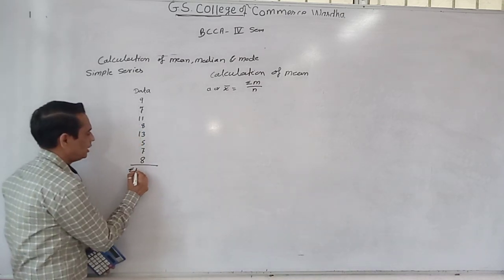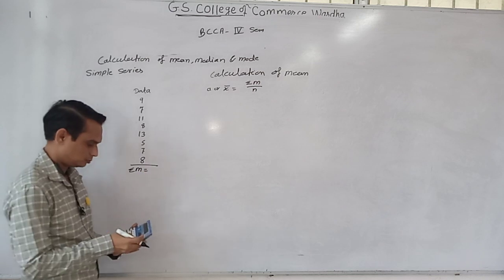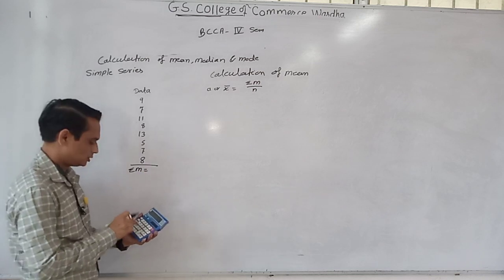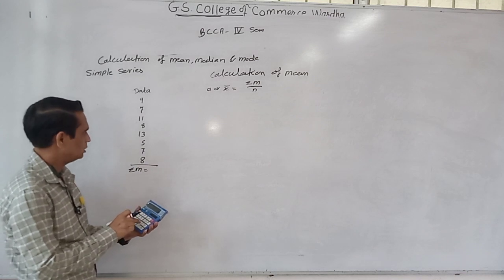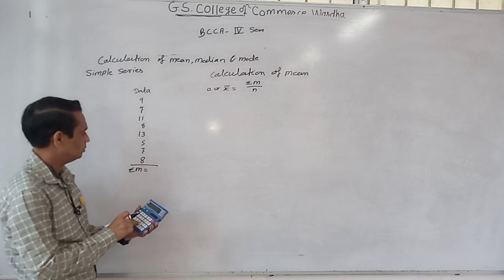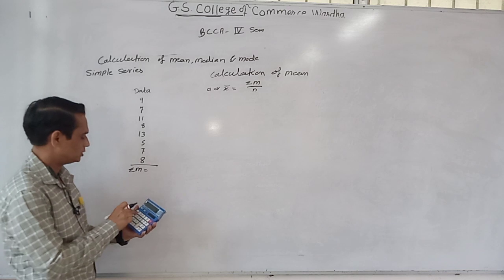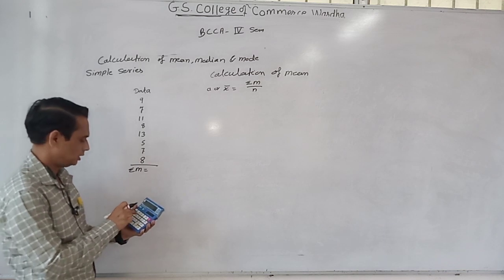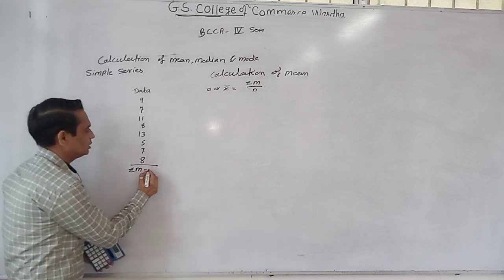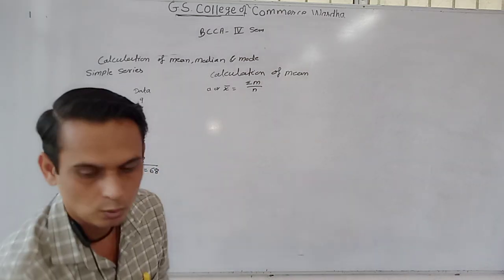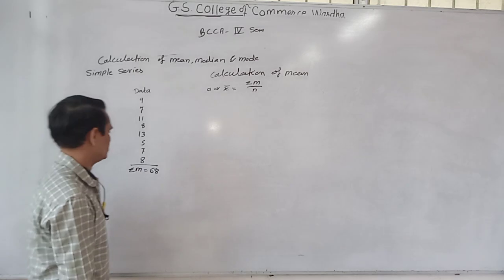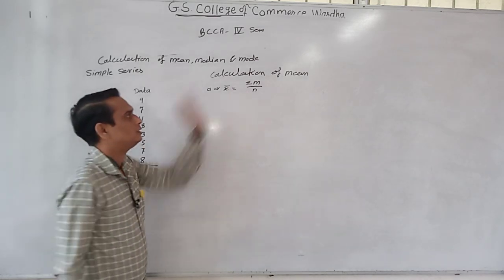So summation x equals 9 plus 7 plus 11 plus 8 plus 13 plus 5 plus 7 plus 8, equals 68. We get the summation x equals 68.